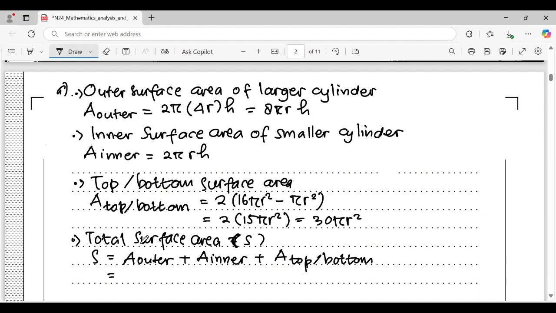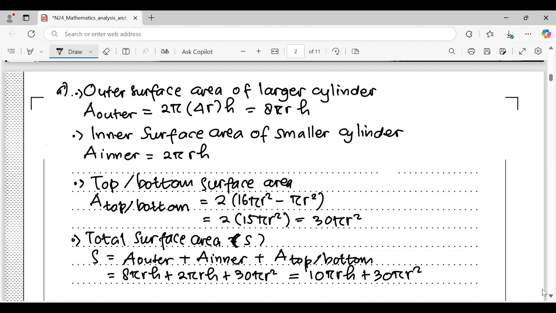That equals 8 pi rh plus 2 pi rh plus 30 pi r squared, which is 10 pi rh plus 30 pi r squared.